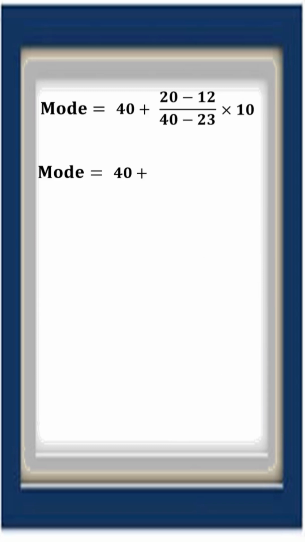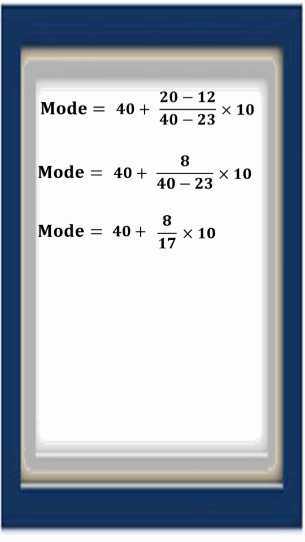So mode is equal to 40 plus 20 minus 12, which is 8, by 40 minus 23 into 10. Mode is equal to 40 plus 8 by 40 minus 23, which is 17, into 10.